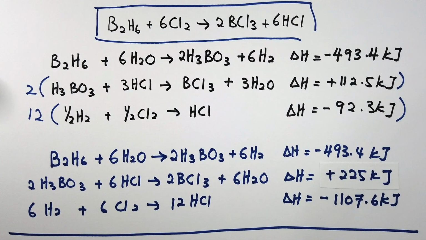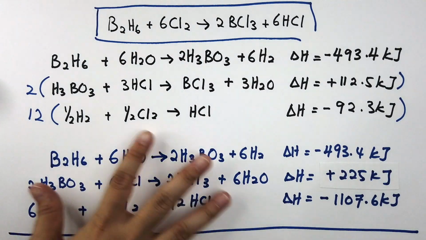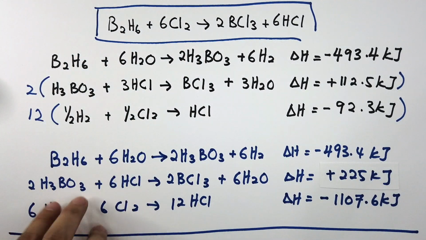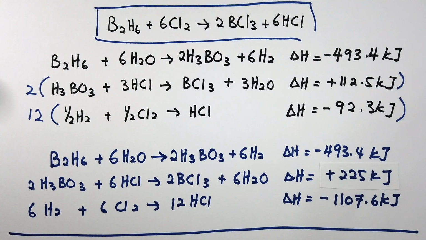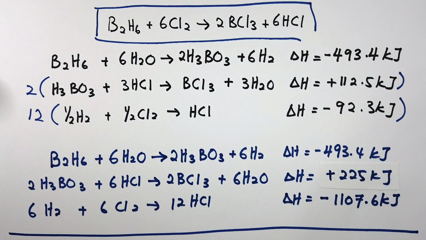So what you need to do is rewrite again. From here I've already transferred to down here. We need to slash out all the things that are not related to the target equation. We are going to start with the H2O.